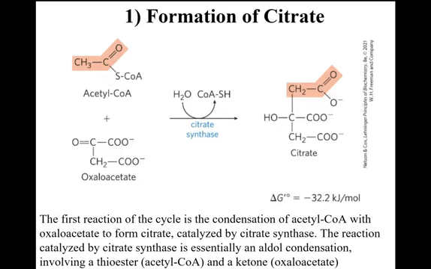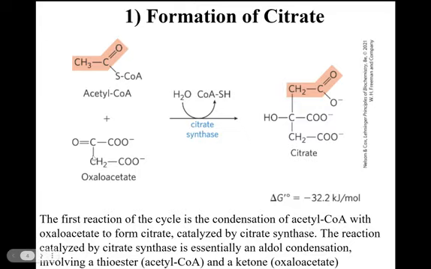The first step is the formation of citrate, which uses acetyl coenzyme A reacting with oxaloacetate. The special part of this reaction is that it starts by reacting with oxaloacetate, and when you finish all the steps of the citric acid cycle, you end with a product of oxaloacetate.